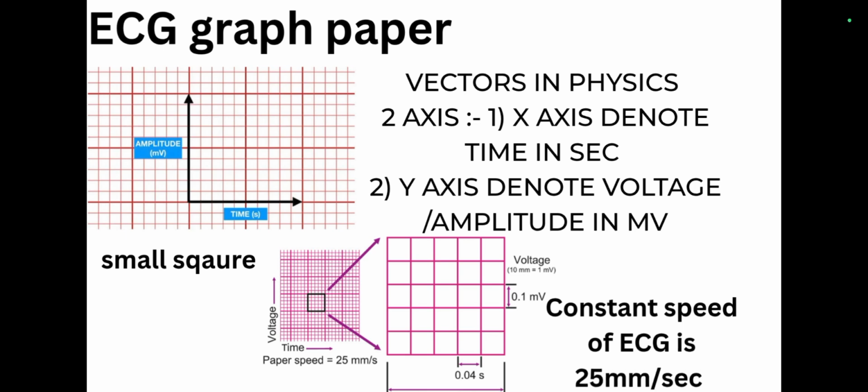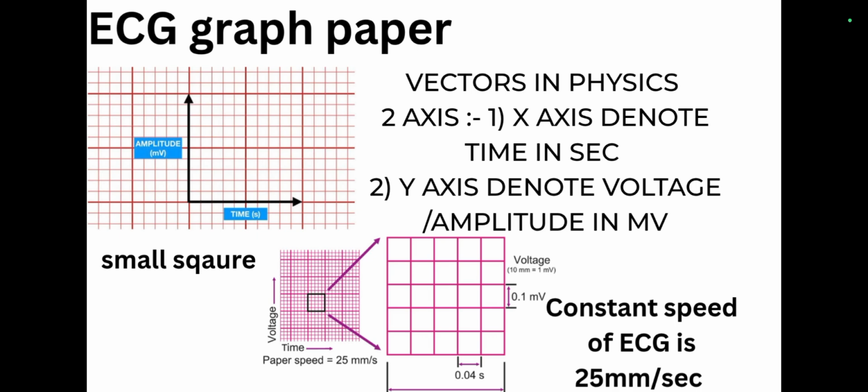Now, the electrocardiograph paper. First, the axes. Generally on the graph there are two axes, the x-axis and the y-axis. The x-axis denotes the time in seconds, and the y-axis denotes the voltage, that is the amplitude in millivolts. On the ECG paper, there are small squares and big squares.